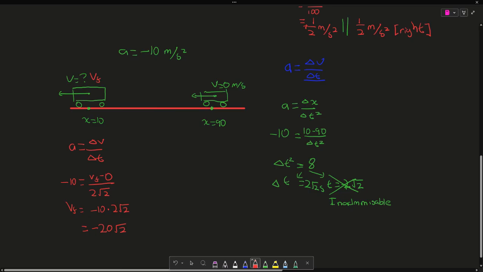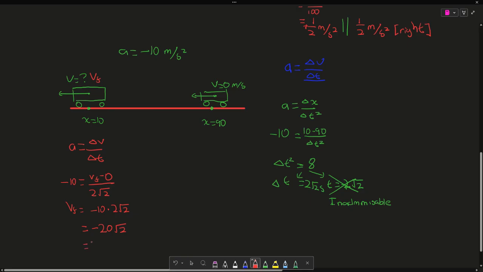And I would not leave it in a radical. I would expand it and round it to your set amount of sig figs. The number of sig figs really depends on what course you're doing. For example, AP, usually it depends on the question, but usually 2 to 3 sig figs. So 20 root 2 is about 28.28.